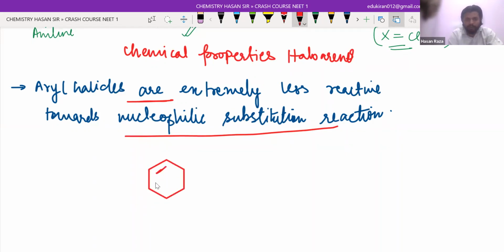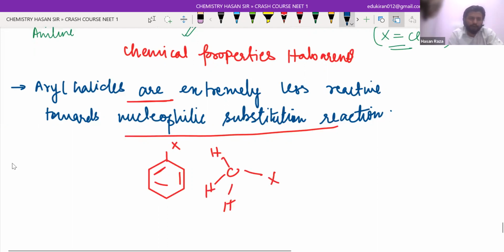You can see this is your haloarene and this is your haloalkane. First of all, the first reason I'm gonna tell you is a resonance effect.